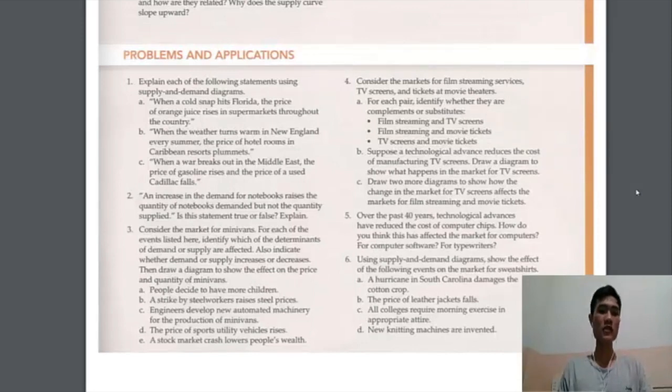So the first statement: when a cold snap hits Florida, the price of orange juice rises in supermarkets throughout the country.